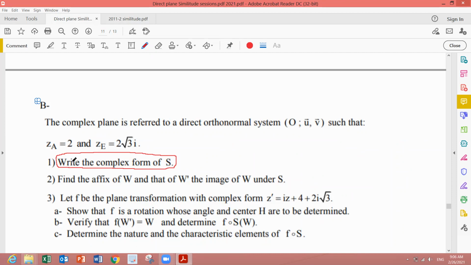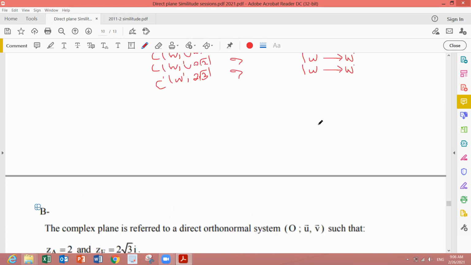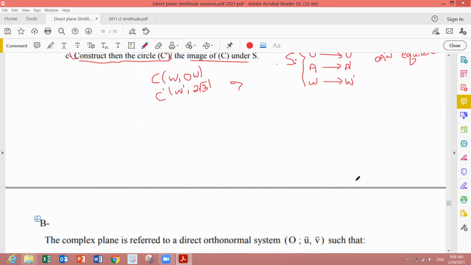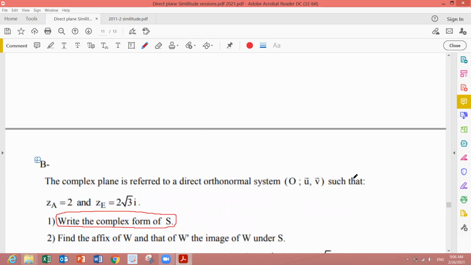How did we do W? W is the midpoint of AE. We have O the center and D, 1 unit. We gave A as 2, so A has coordinates (2, 0). ZE is 2 radical 3 i, so E is (0, 2 radical 3).